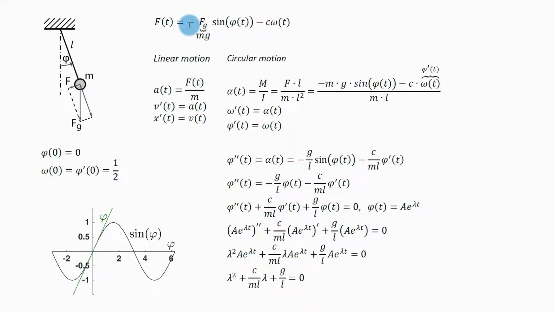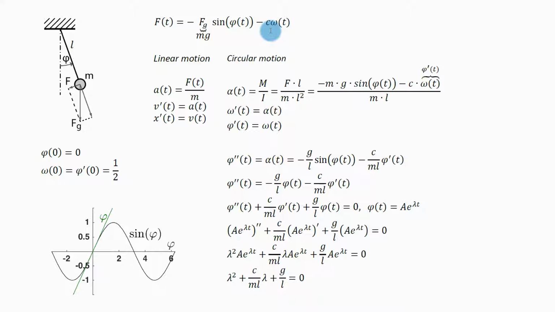In addition to this component, which comes from the gravity acting on the pendulum, I have also added this second component, which is supposed to express the resistive force that the pendulum encounters during its motion. So this would be some resistance of the medium in which the pendulum is. Typically this would be air, but you can have a pendulum in water as well.